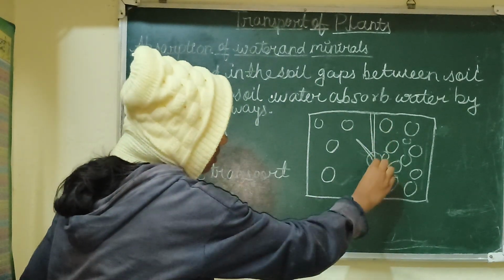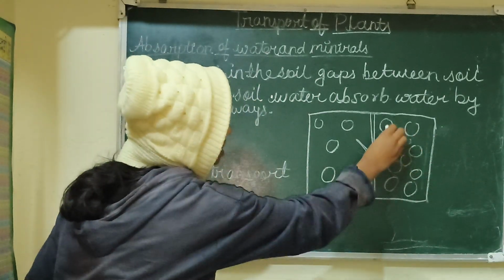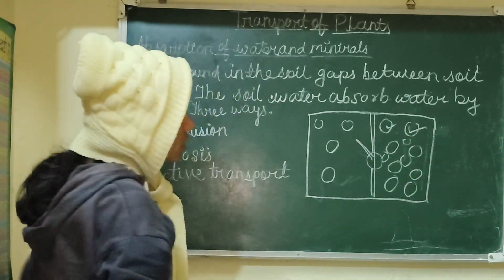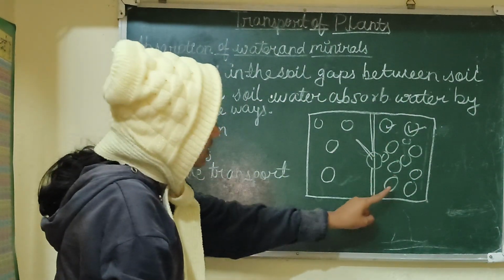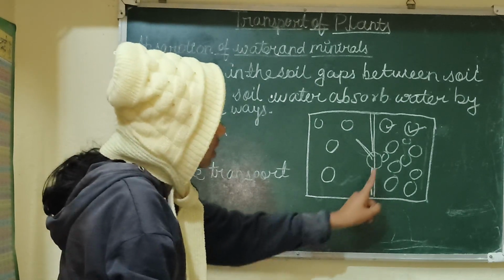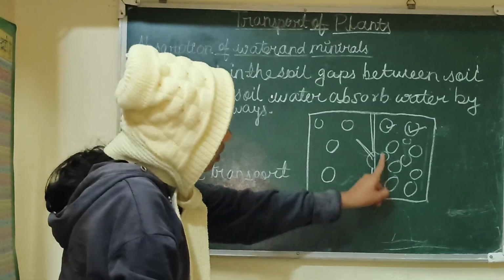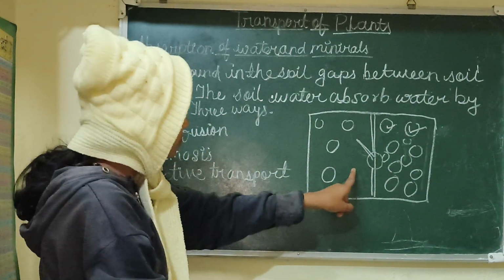So here the semi-permeable membrane is there. Like if the membrane selects these two particles, then only these two particles will enter. Although all particles could enter, because of the semi-permeable membrane in osmosis, no one except these two can enter inside the membrane.